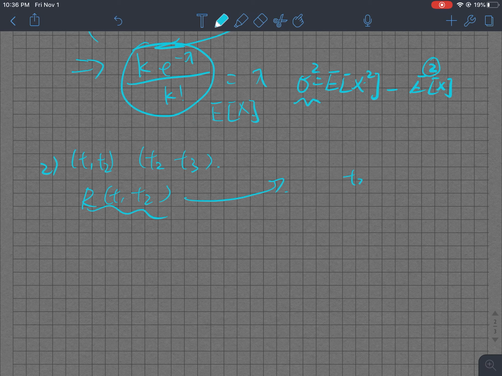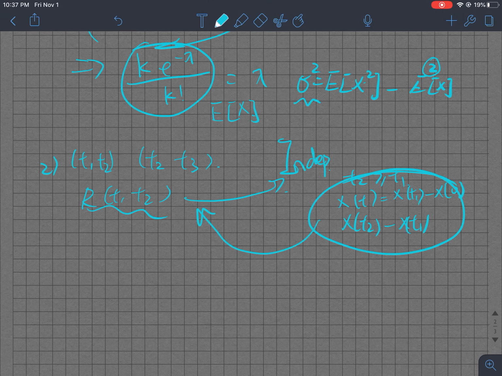If T2 is greater than T1, x(t1) is equal to x(t1) minus x(t0), and x(t2) minus x(t1). These two things are independent.